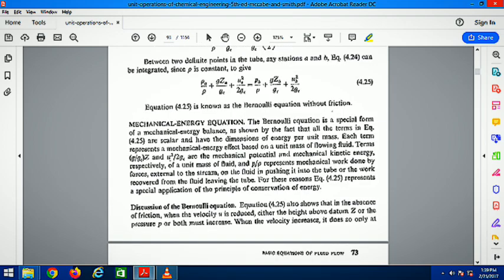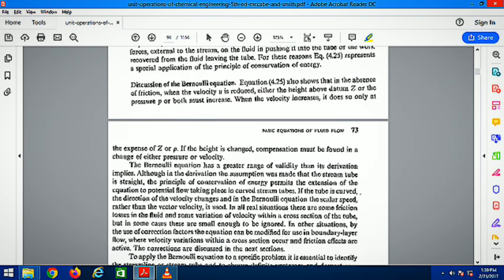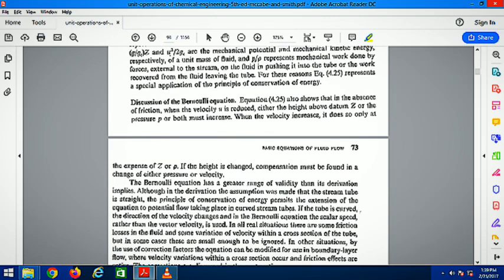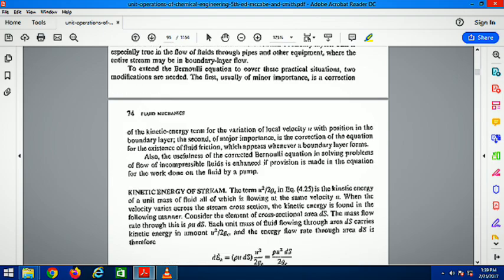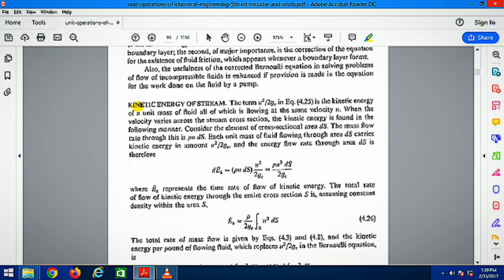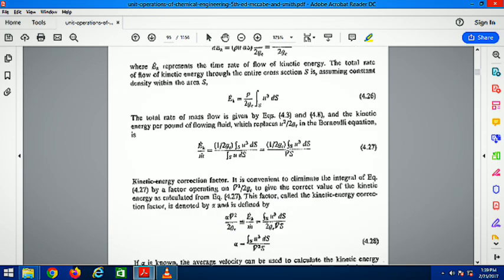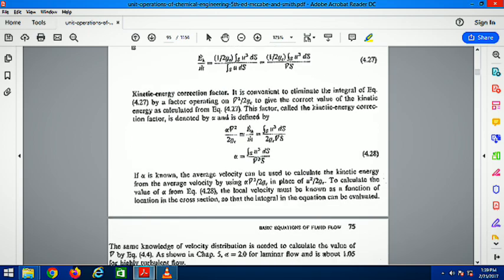So Bernoulli's equation, this is for without friction. What if we consider friction and the velocity changes that are supposed to be due to the friction, so we have some correction. So for the kinetic energy correction, we have a particular factor, that is alpha.